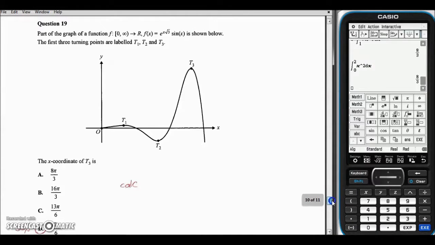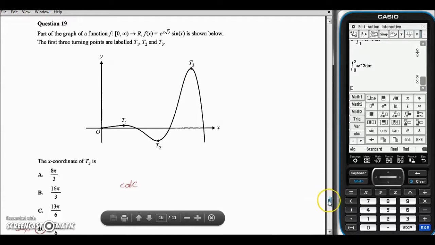Okay, moving on to question 19. And from memory, a lot of people had problems with this question because the graph was quite difficult to draw. This value of T3 was quite high. So I'm going to show you a different way to do this one. So we know that e to the x root 3 sine x is shown here. And we want to know what's the x coordinate of T3, which is the 1, 2, 3, third stationary point.